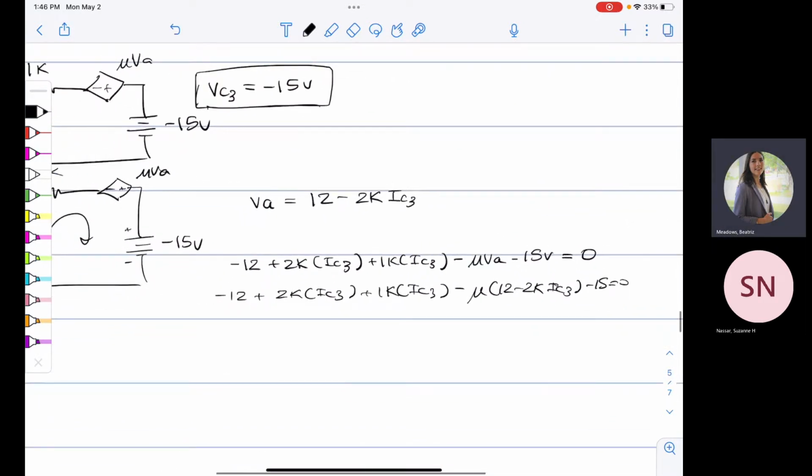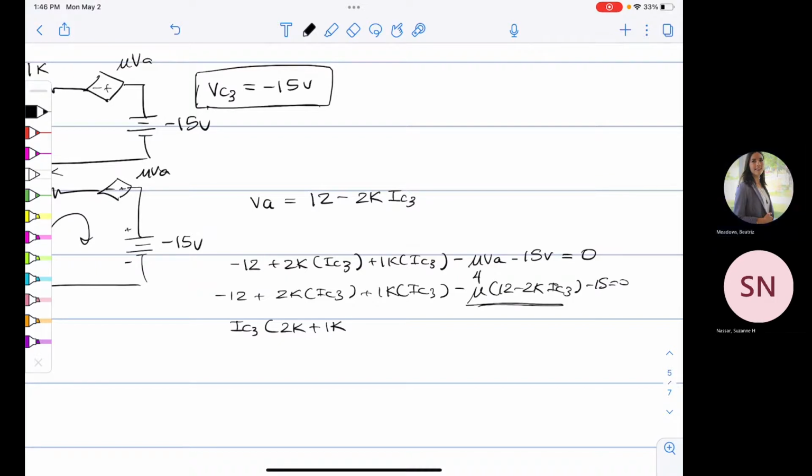So can we move all of the IC3s to one side, and everything that doesn't contain IC3 to the other? We can do IC3 times 2K plus 1K. And then what is going to be from this equivalent? So mu is 4. Yep, plus 8K. And then that's all of our IC3 values, right? So now that's going to equal 12 plus 15.